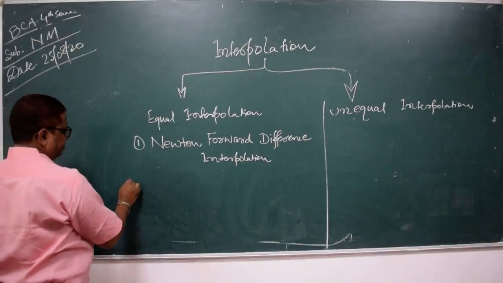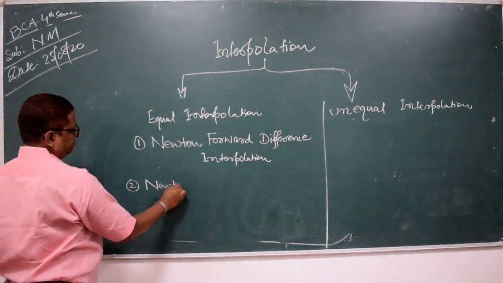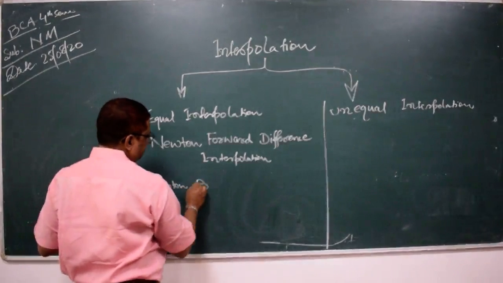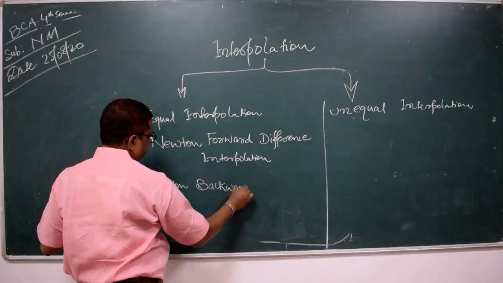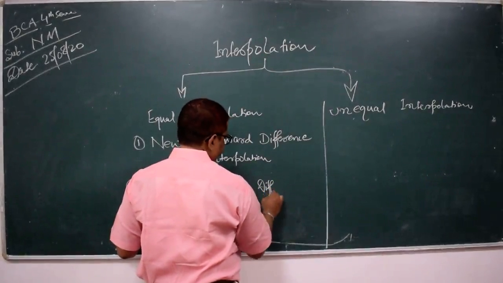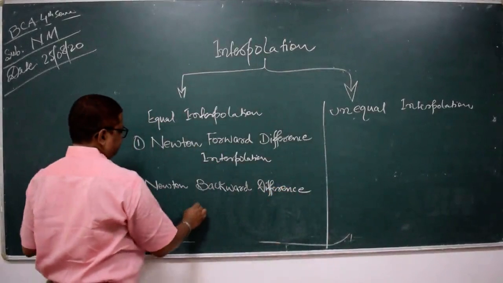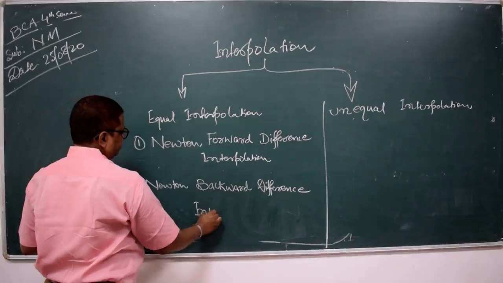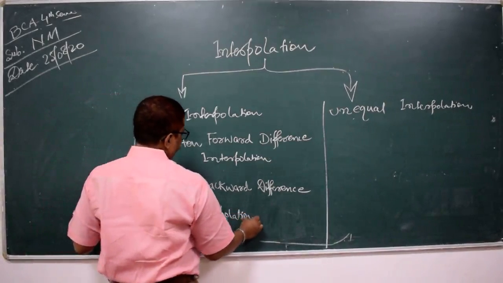The second one is called Newton backward difference interpolation.